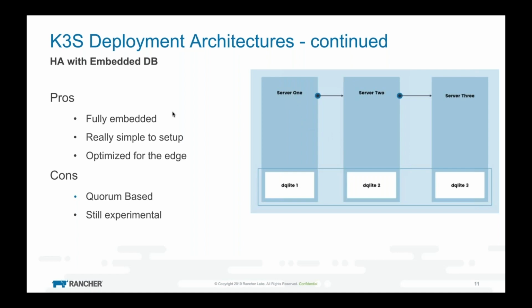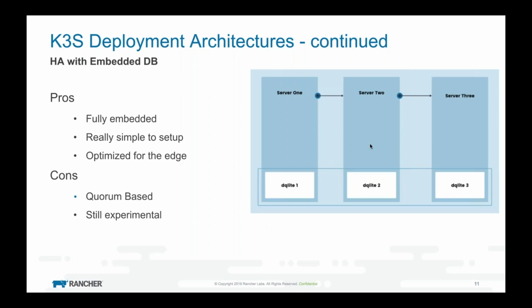So when you run this architecture, the first server will bootstrap a cluster using SQLite, and the other servers connect to the first server, and then it will set up a cluster embeddedly, so you don't have any external database here. So the database runs embeddedly in each server using SQLite.